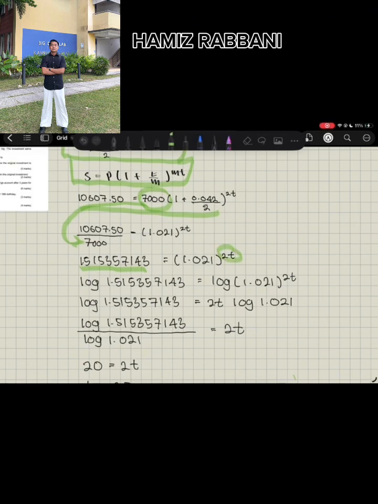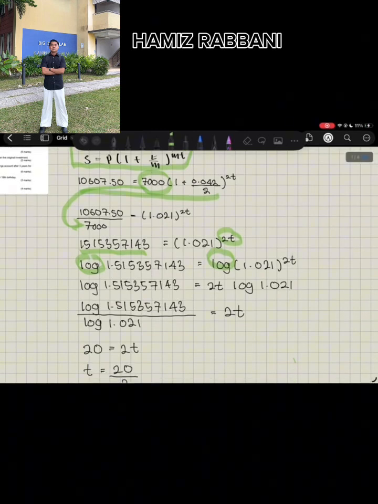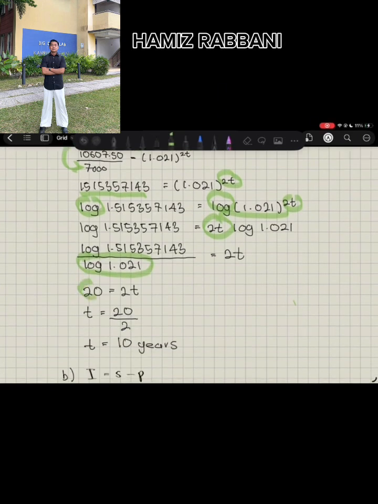Then I divide both sides by log 1.01021, and the value obtained is approximately 20, which equals 2t.